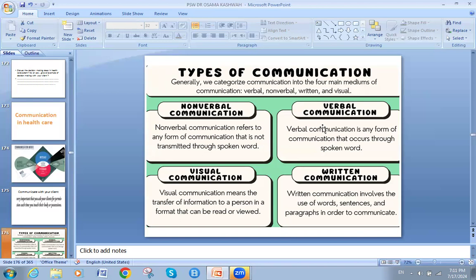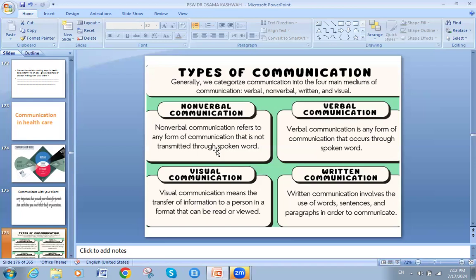Non-verbal communication refers to any form of communication that's not transmitted through spoken words, gestures, moving, whatever you signal with your hand, with your neck, with your head, as an example. Whatever it is, it is non-verbal. But non-verbal means it is not spoken communication.